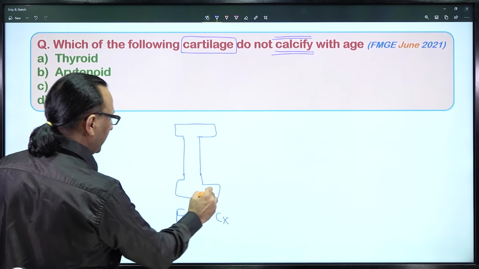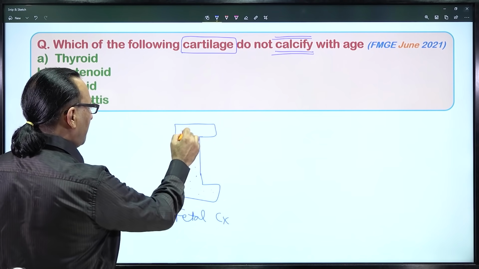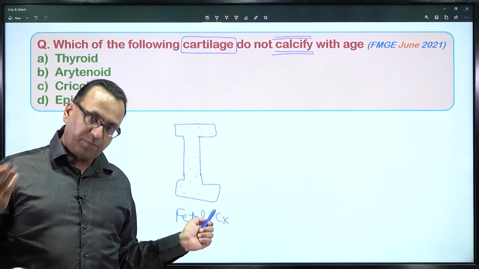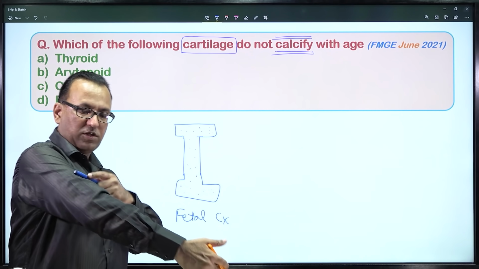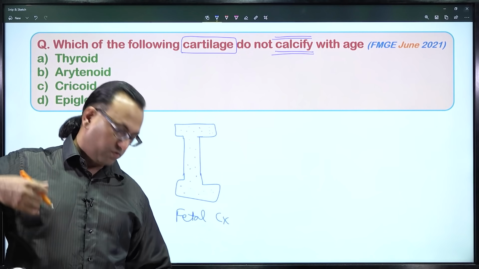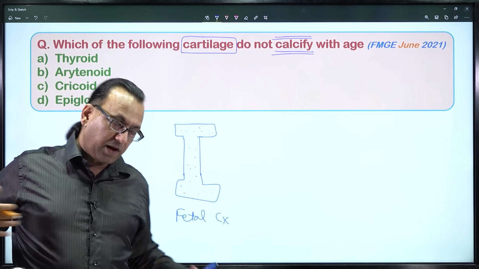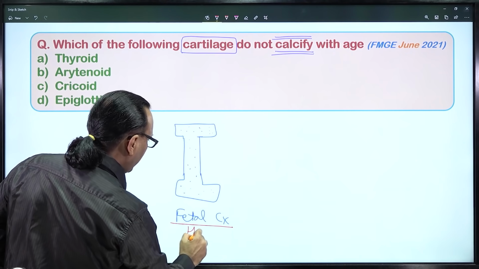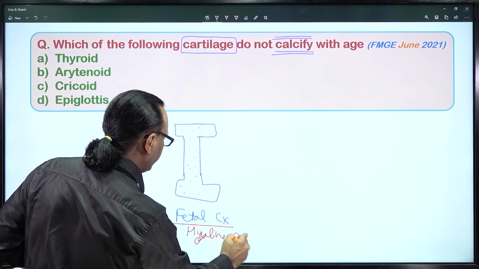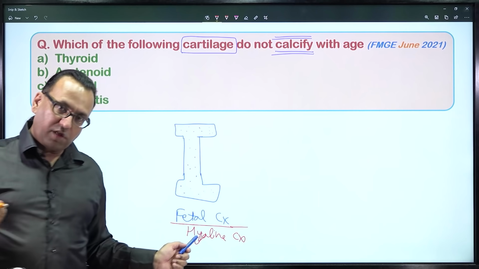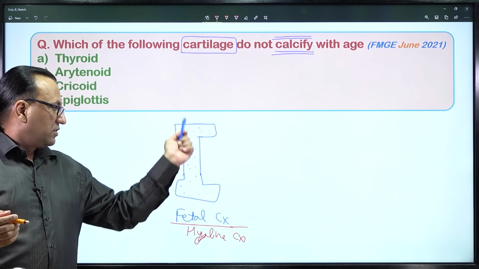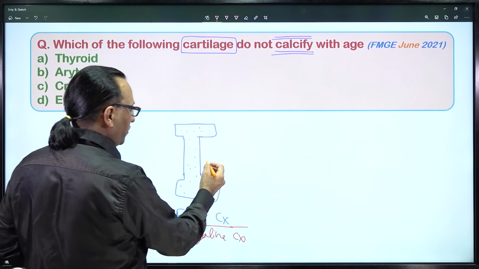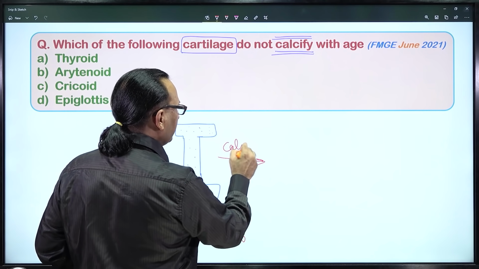So fetal cartilage, which is the bony model in the beginning, most of the bones in our body, you can talk about the upper limb bones, the lower limb bones, the ribs, the vertebra, they are all actually hyaline cartilage. Then after some time, there occurs endochondral ossification and this hyaline cartilage undergoes calcification and ossification.